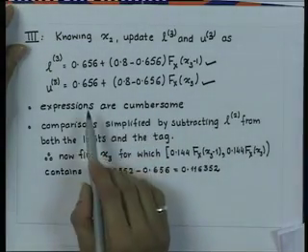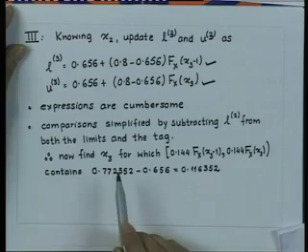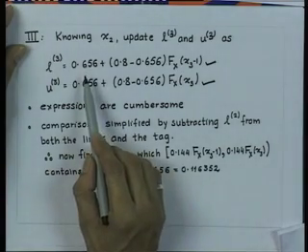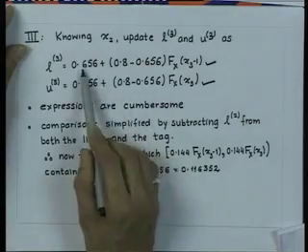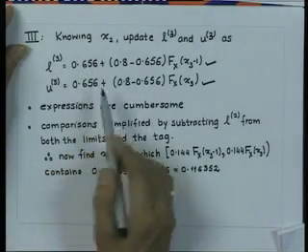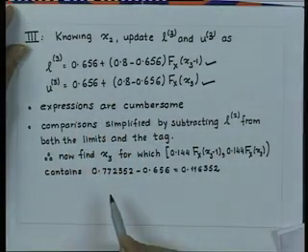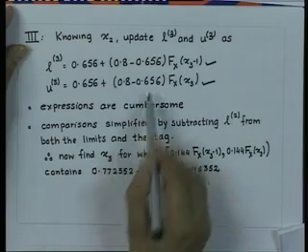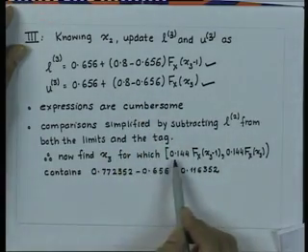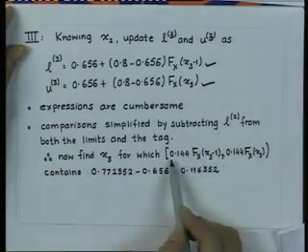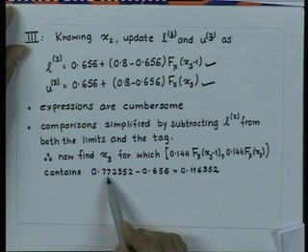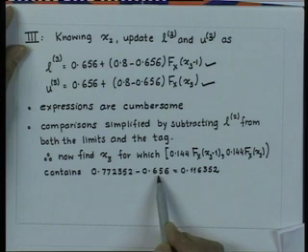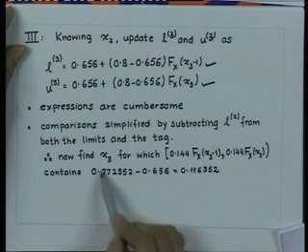So, if you want to simplify the comparison, we can subtract L2 from both the limits. I subtract 0.65 from both the limits, and then you find x3 for which it contains 0.772352 minus 0.65, because I subtract this from my tag also.